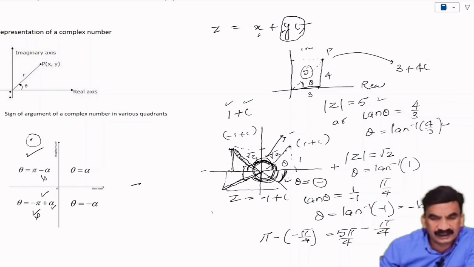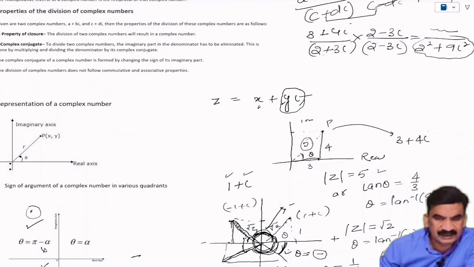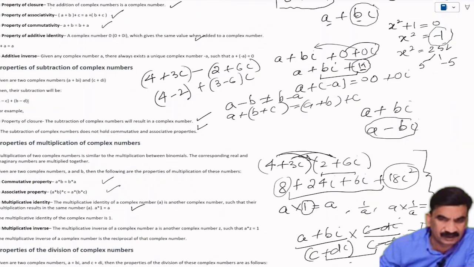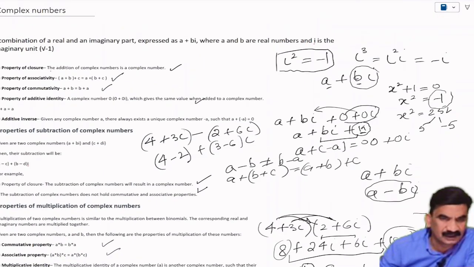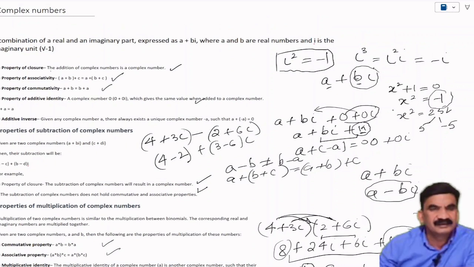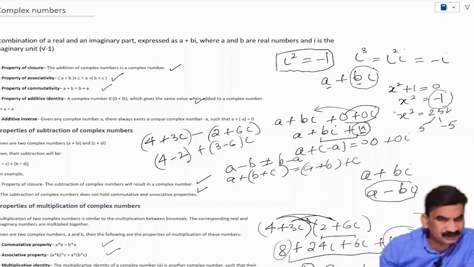So in complex numbers, we have discussed so far, I'm just trying to revise it so that you understand what is important, what is not. We discussed complex numbers, we discussed the properties of complex numbers. Not very important.